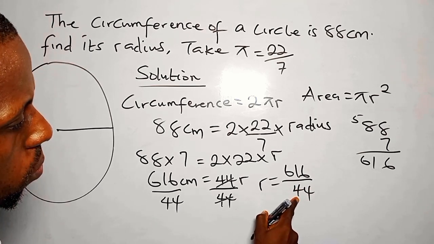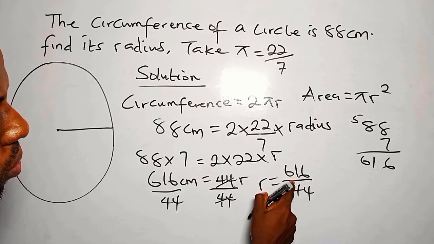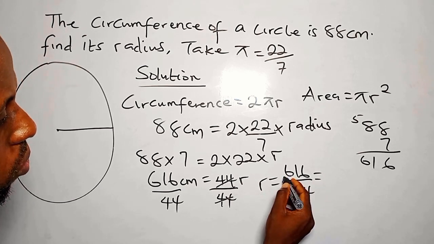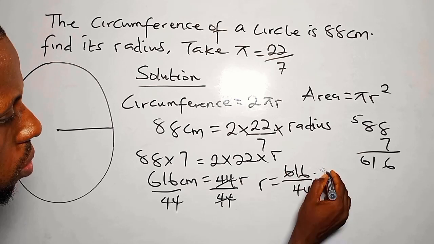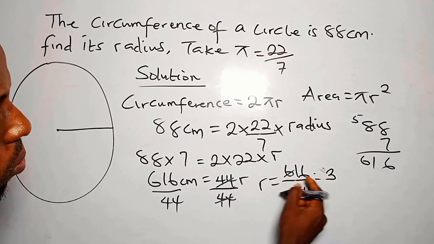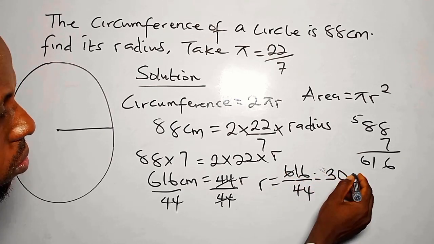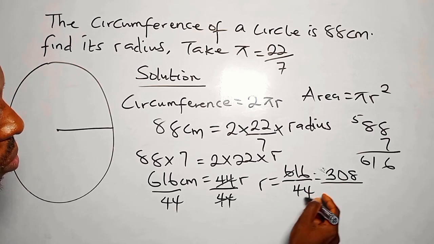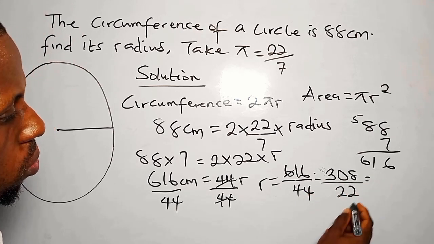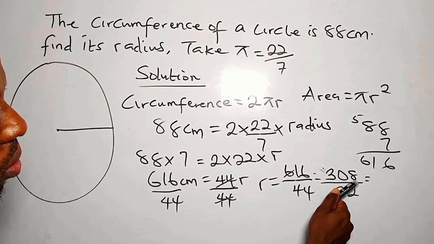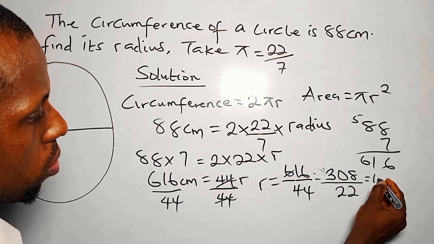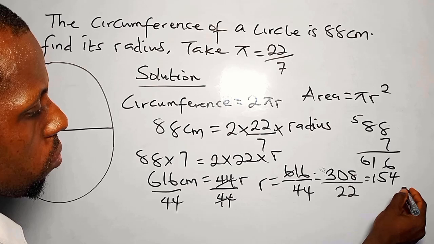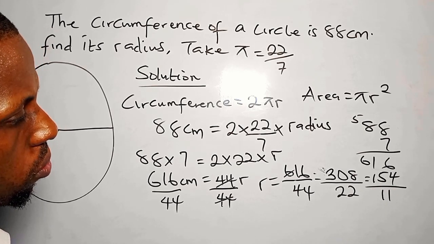We have even numbers, so let us break it down by 2. 2 into 6 is 3, 2 into 16 is 8, and 44 becomes 22. We still have even numbers, so let us break it down with 2 again: 308 becomes 154, and 22 becomes 11.